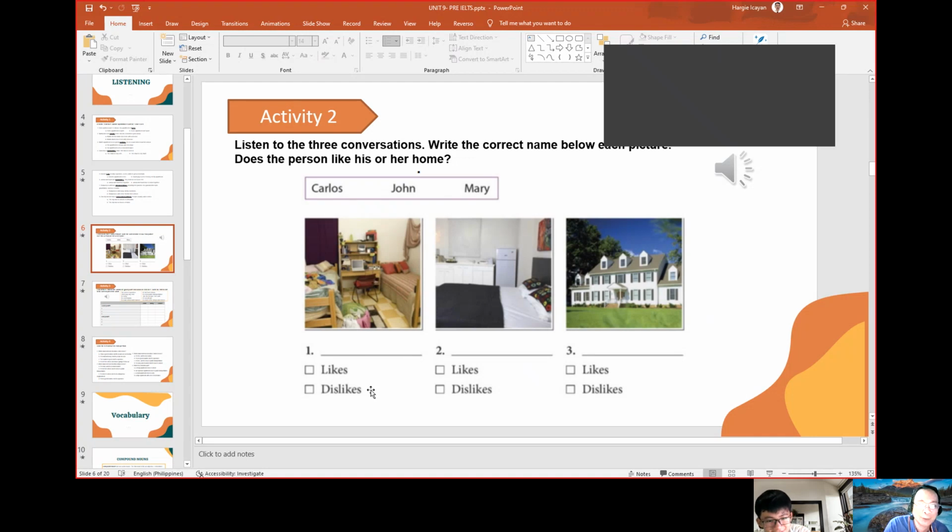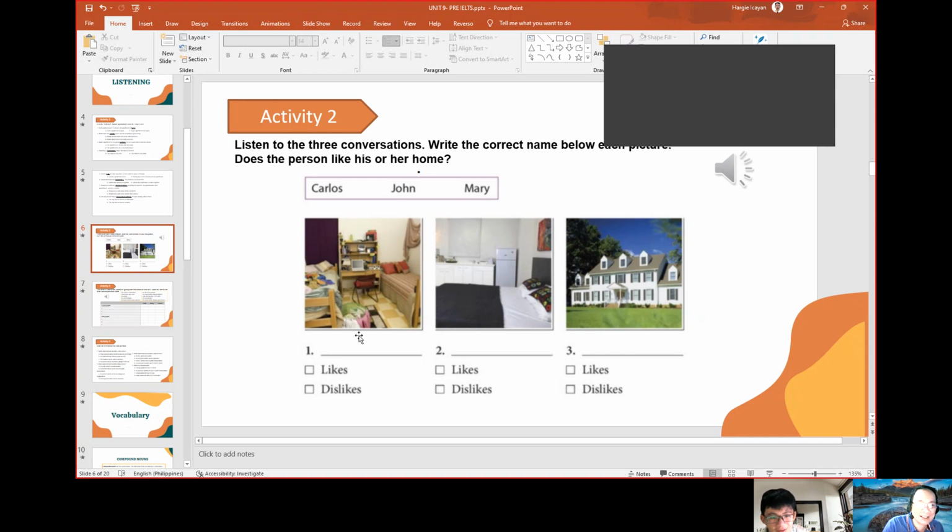Okay, some of the information given would be likes, and there are also some things he dislikes. What do you think would be the likes of John in living in a dormitory? He liked to talk with the people who live together with him. But he also dislikes his dormitory because it's small and not private. Yeah, it's crowded, right?